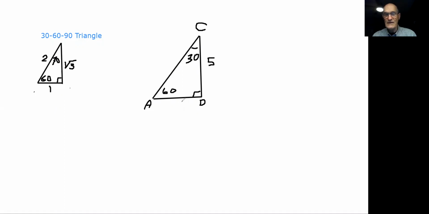So this short side here would be 5 divided by the square root of 3. And then, of course, the hypotenuse is twice the short side, so the hypotenuse would be 10 divided by the square root of 3.